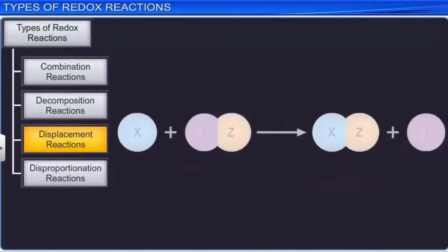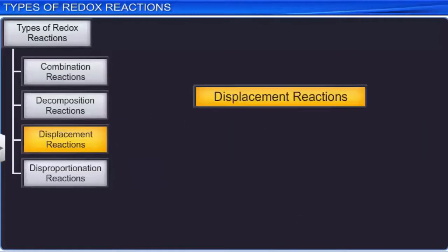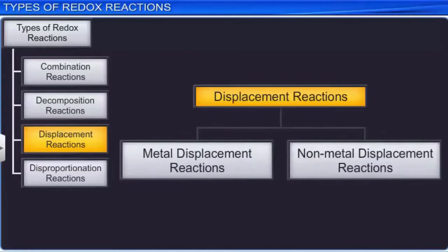The reaction can be expressed as X plus YZ converts to XZ plus Y. In this reaction, from the compound YZ, Y has been displaced by X. Displacement reactions are of two types: metal displacement reactions and non-metal displacement reactions.